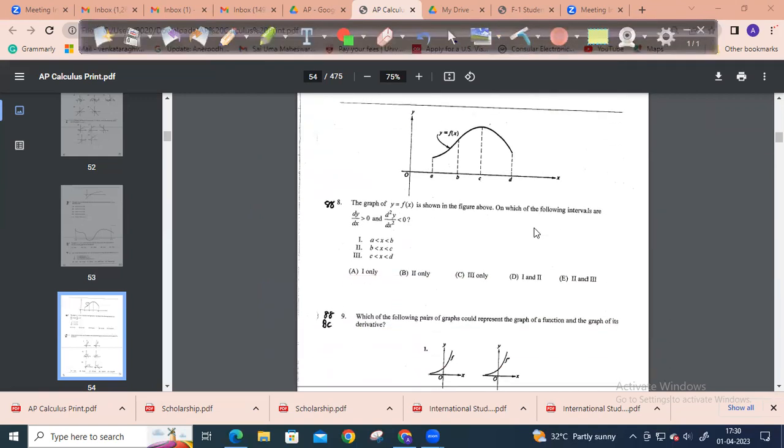Okay. Now see the 8th one. See number 8. So they gave 4 points and they gave the graph of f of x.